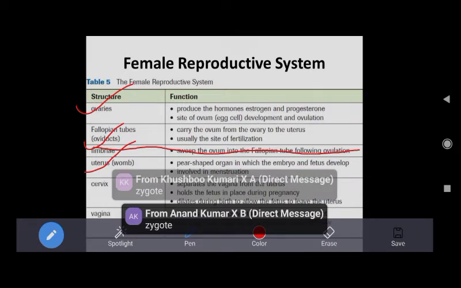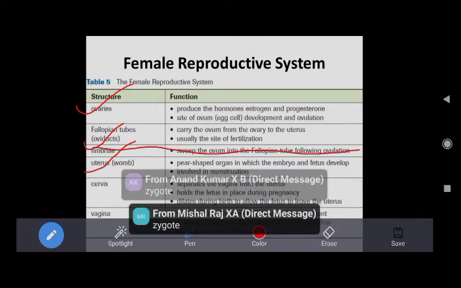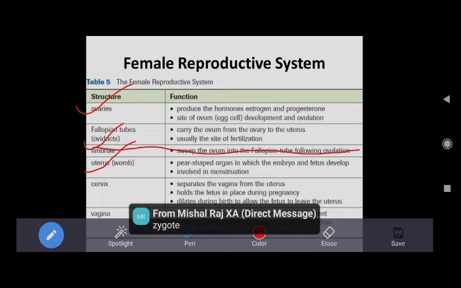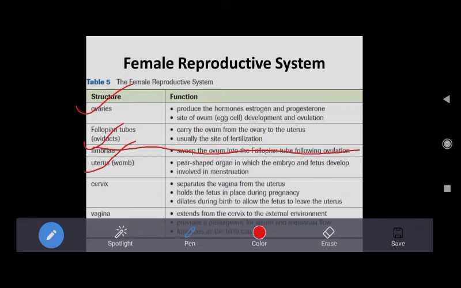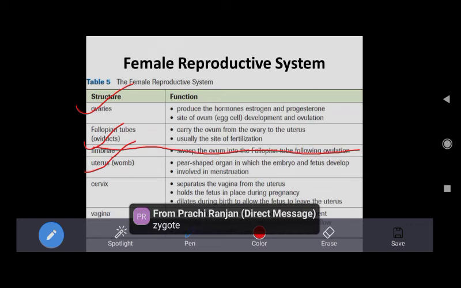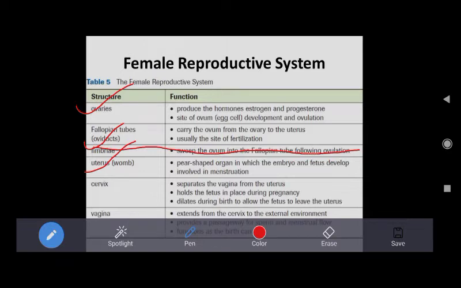After some time, as the development proceeds, the zygote is called the embryo. So the uterus is a place where the embryo is embedded and develops, and the fetus also develops, and the uterus is involved in menstruation because it is the lining of the uterus which breaks if the egg is not fertilized.